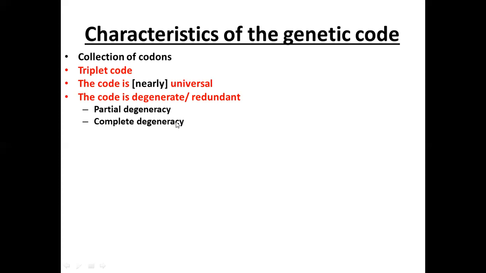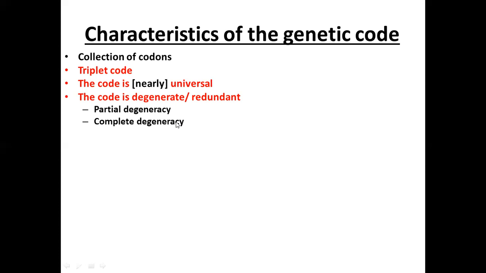And then complete degeneracy occurs when any of the 4 bases can take the third position and still code for the same amino acid. So in complete degeneracy, any of the 4 bases can take the third position and it will still code for the same amino acid.